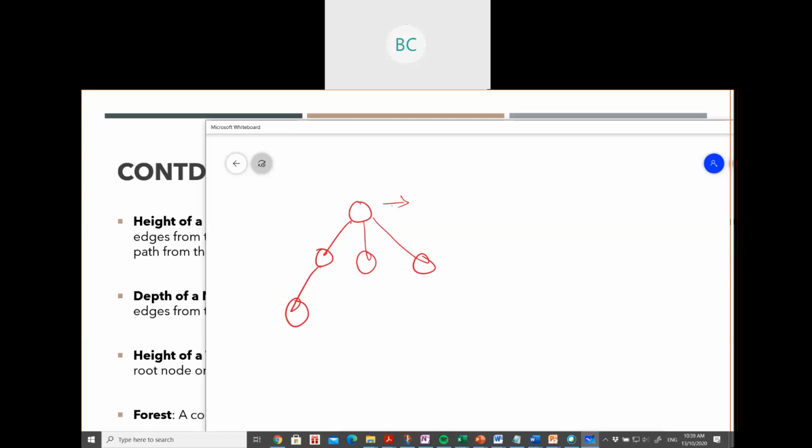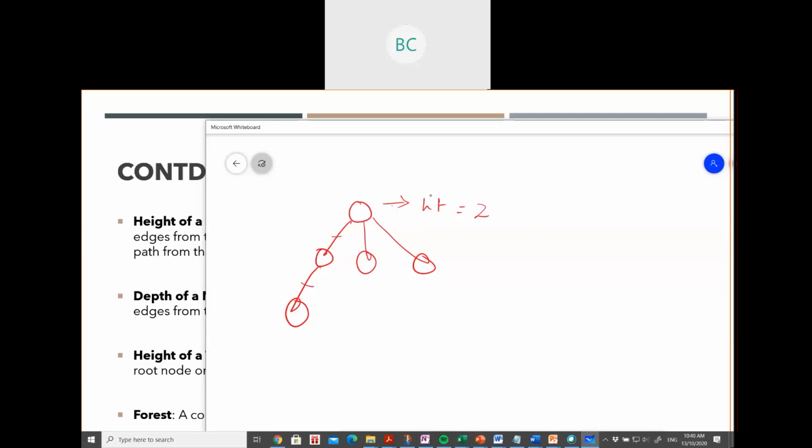Height of this root node. There are two edges, so height will be 2.